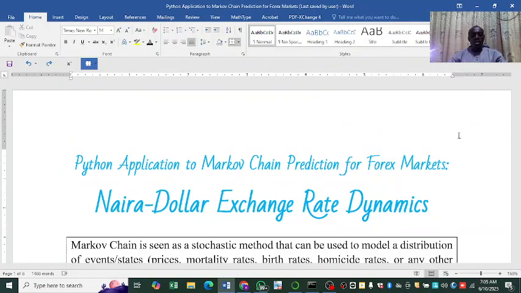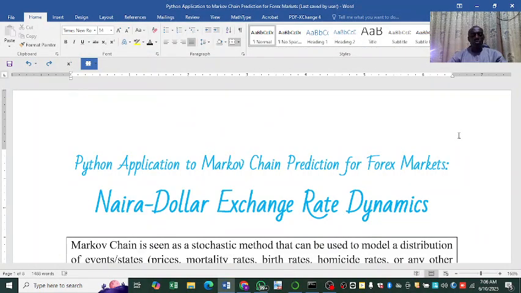So in this training, you'll be learning how to predict the forex exchange market using the Markov chain algorithm. Now, the outline for this training is: first, the concept of Markov chain.